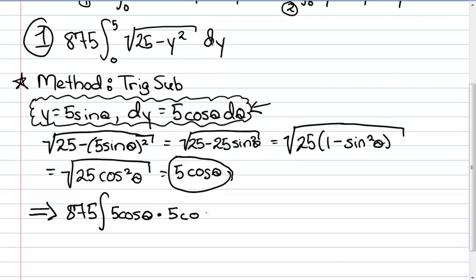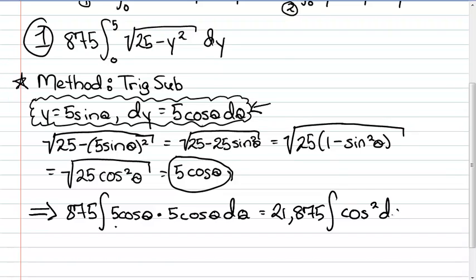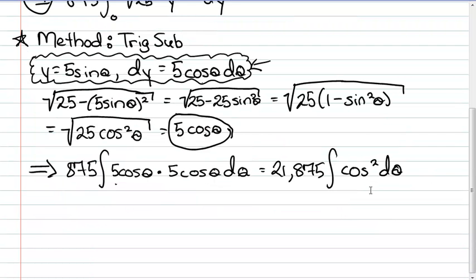We're going to plug that in, and after bringing out 5 times 5, we end up with 21,875 times the integral of cosine squared d theta. Okay, so we end up with the integral of cosine squared d theta, which we already know how to integrate.